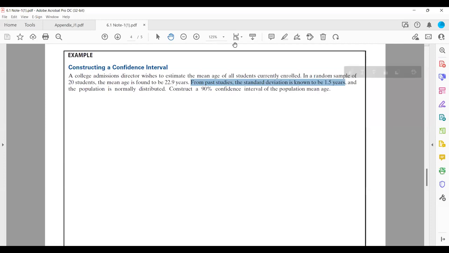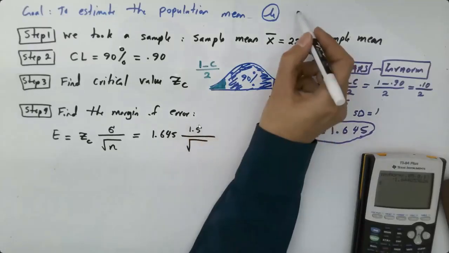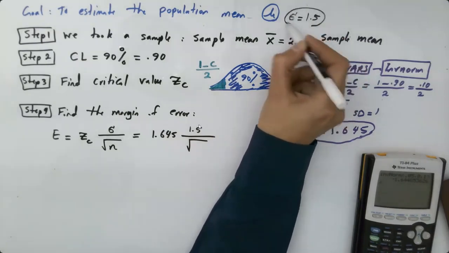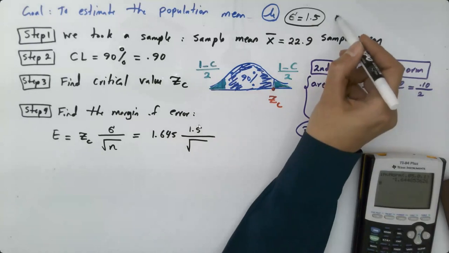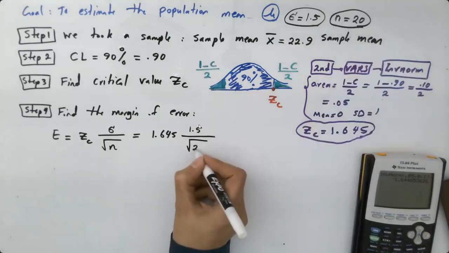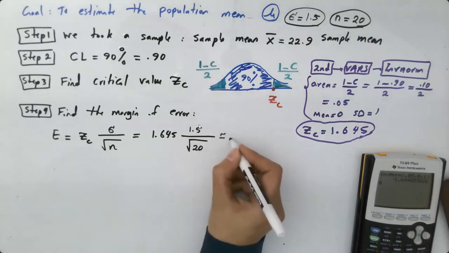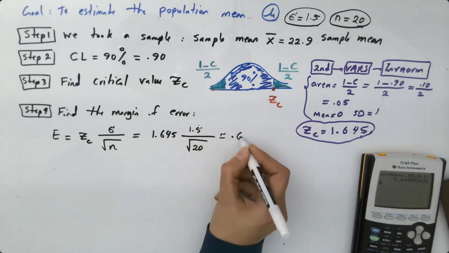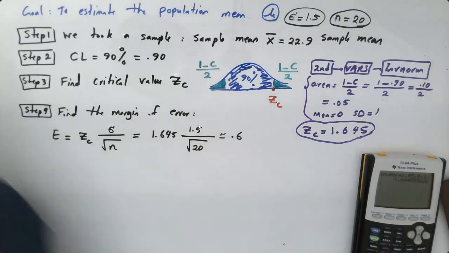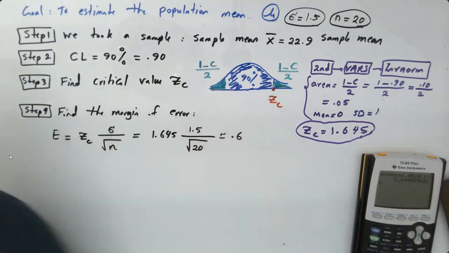Two numbers that I need are 1.5 years, this is my sigma, and n, the sample size, which is 20. If you do the calculation, it's going to be approximately 0.6. We found the margin of error, which is 0.6.